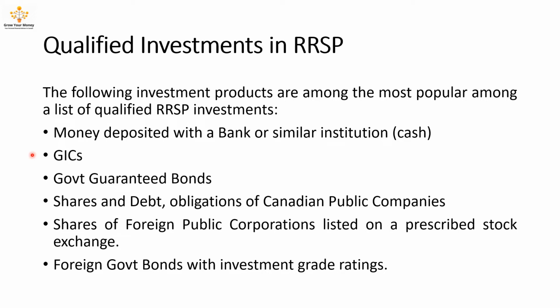The second type of popular qualified investment in RRSP is GICs, government guaranteed bonds, shares and debt obligations of Canadian public companies, shares of foreign public corporations listed on a prescribed stock exchange, and foreign government bonds with investment grade rating.